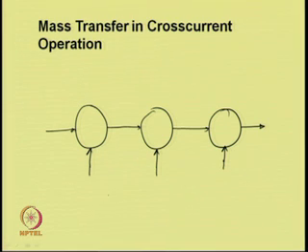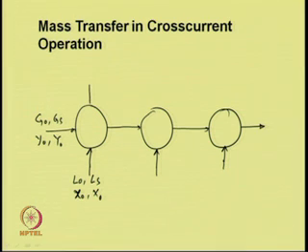Let us consider same initial concentrations of the liquids are fed. So, this is G naught, G s, Y naught, capital Y naught, and L naught, L s, X naught, capital X naught, and liquid leaving L 1, L s, X 1, capital X 1.